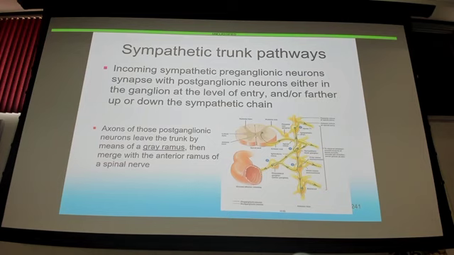So it's looking for a postganglionic. So here's what it can do. When a sympathetic preganglionic axon goes into this sympathetic trunk, it can either synapse with a postganglionic at the level it came in, or it can go up the trunk or down the trunk and synapse with a postganglionic higher or lower. Or it can do all three of those at the same time. Right? It can synapse anywhere in the trunk.